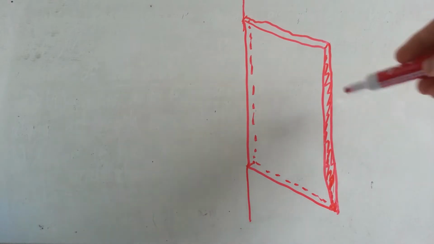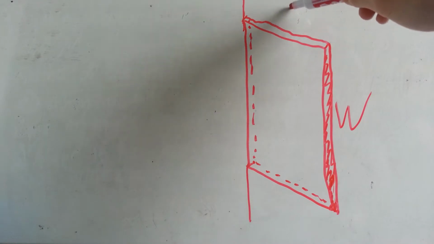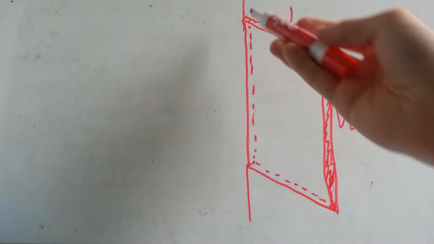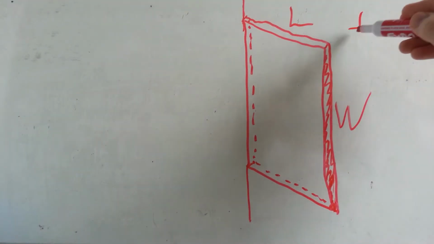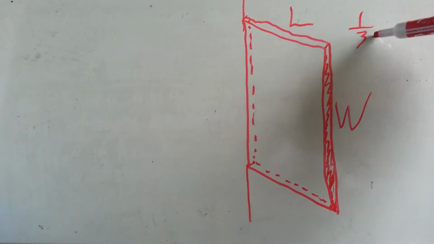So if this is side W, and this is side L, my problem says it's located halfway down the length of the sheet, and it's parallel to side W, as you can see. So how can we do that? Because the book only gives us the one for a sheet rotating on one end. L squared.